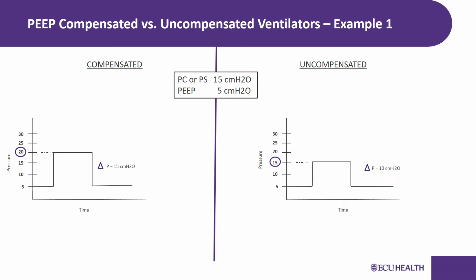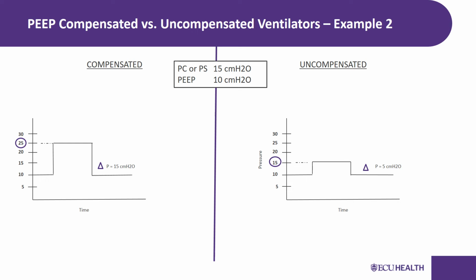So now with this understanding, you can also apply this in pressure control if you're utilizing an invasive mode of ventilation on compensated and uncompensated ventilators. Now, let me give you one more example here. In this case, we have the same patient and we increased our PEEP to 10.